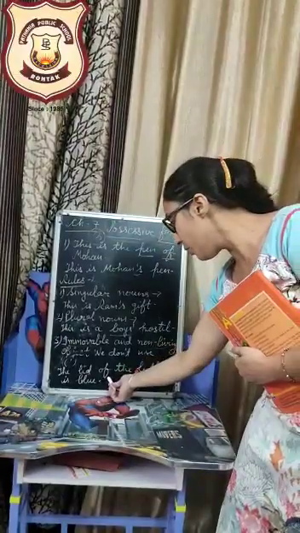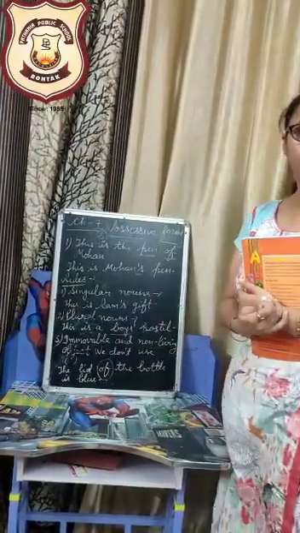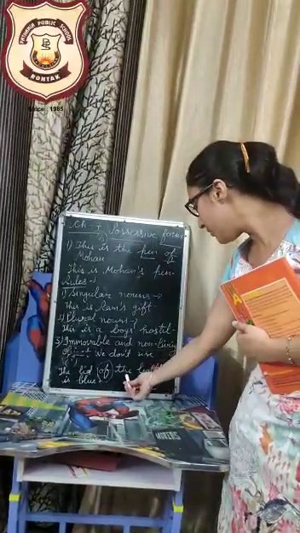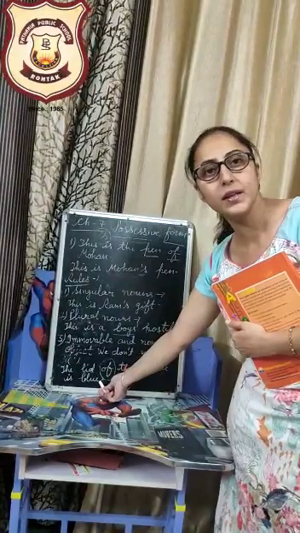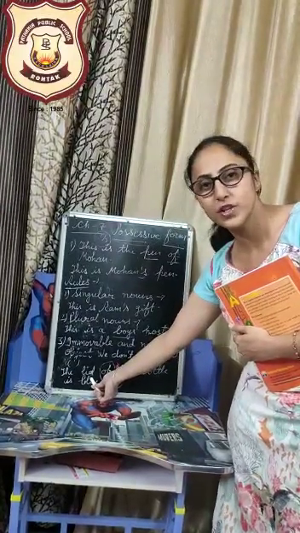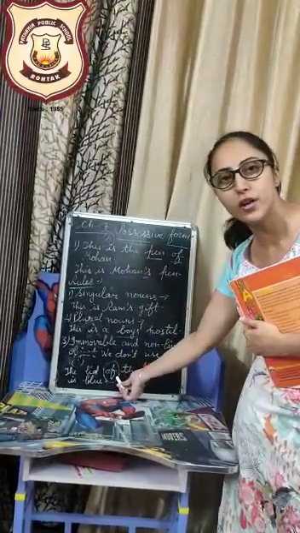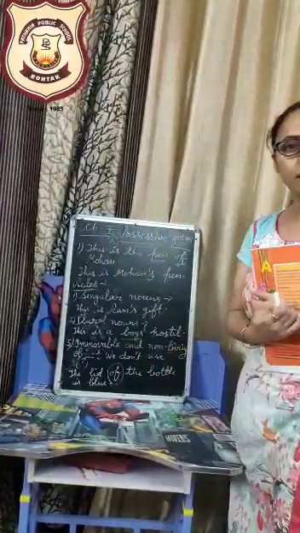To show the possession of immovable things, we use of. We will not use s. If you frame the sentence, the bottle's lid is blue, then it will be incorrect because it's an object. So, we will show the possession only by using of here. We will not use any apostrophe s.